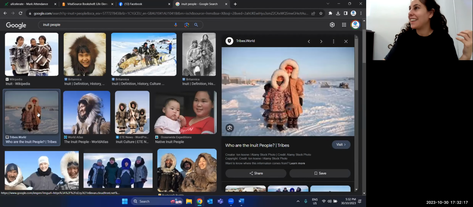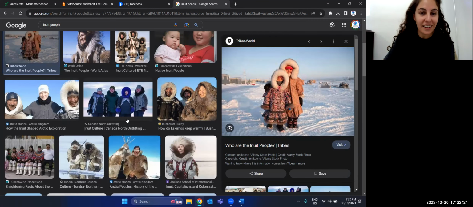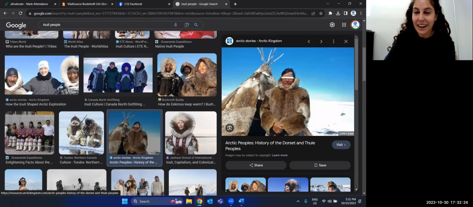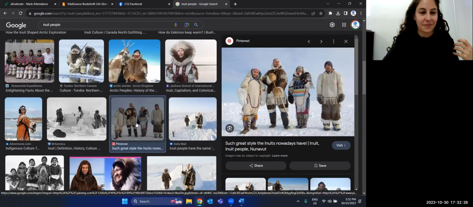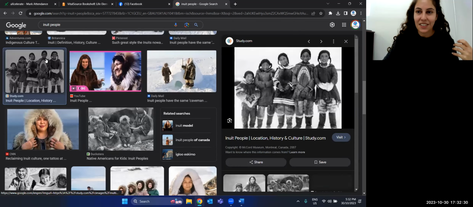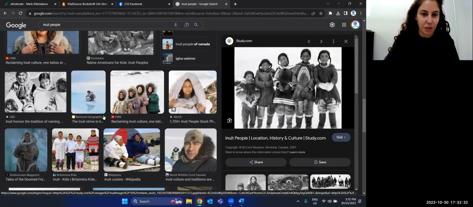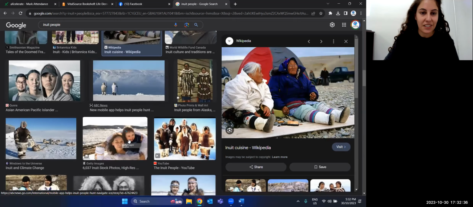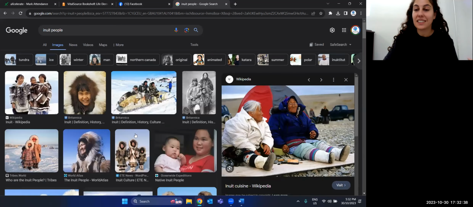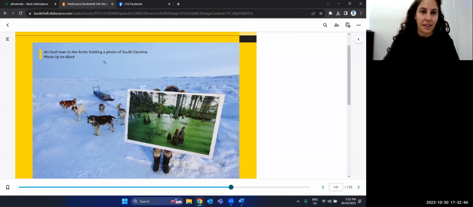You can see that they are very accustomed, they're used to the very cold weather. They make huts. You can see their fur coats. So a very traditional community, which is still alive today, which is good. So the Inuit people, or the Inuit community, that's what it says, an Inuit man in the Arctic.